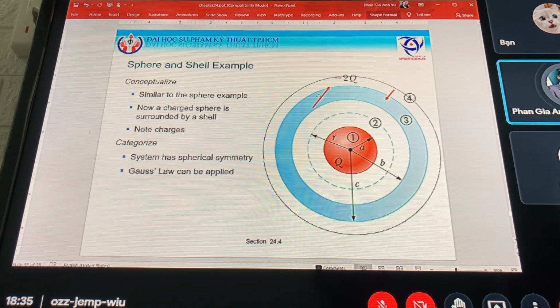With the area 2, I know that the field will be perpendicular to the surface, right? But is it out or inwards? Okay, very good. For this one, Q in is only the Q here, because the minus 2Q is already outside of the surface, right?